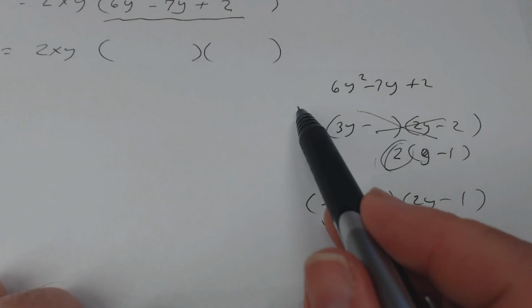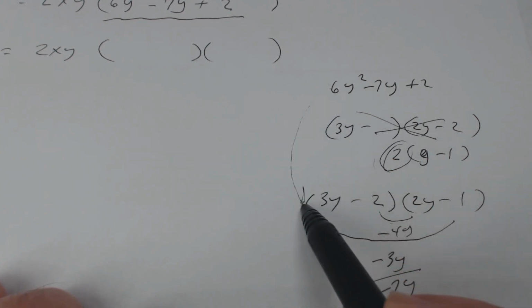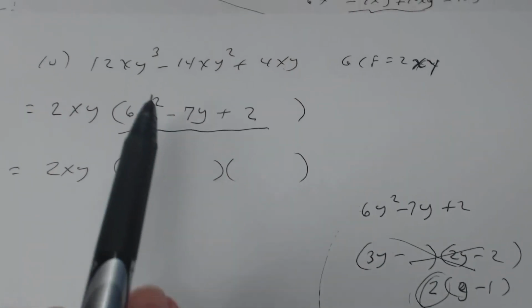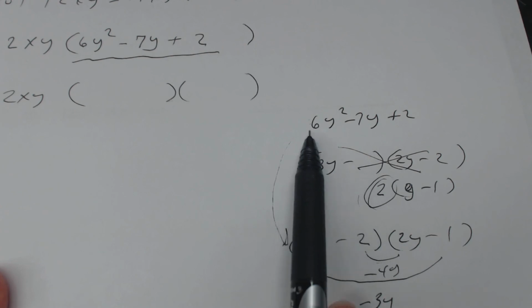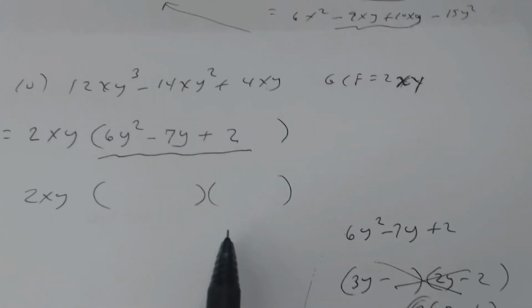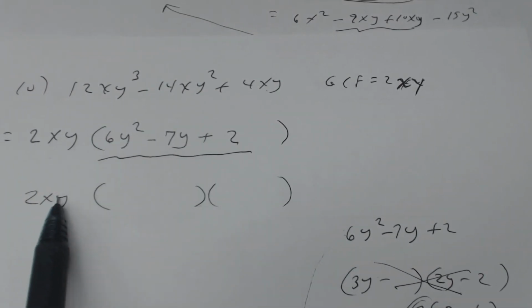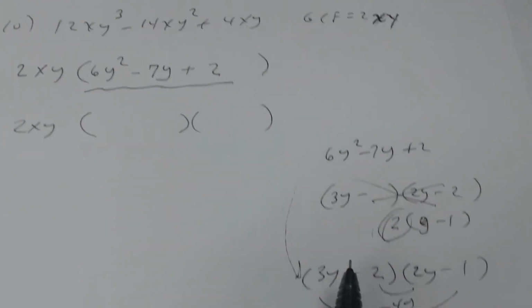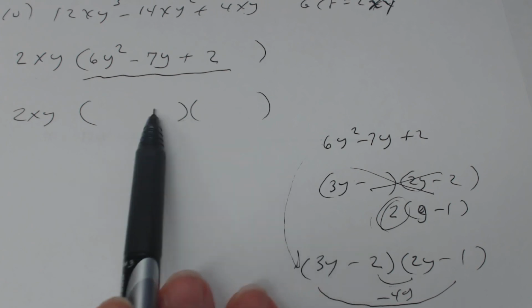So this right here, when I factor this, I get this. But don't say that's your answer to the original polynomial. The original polynomial, remember, is this, not this. So in the original polynomial, you factored out a 2xy, so that has to be part of the answer. So the 2 factors go here.